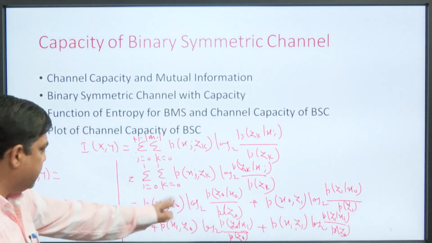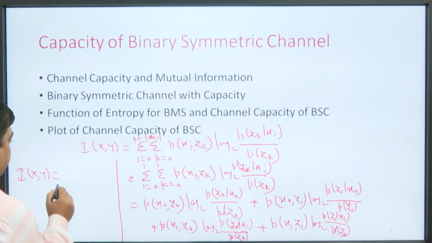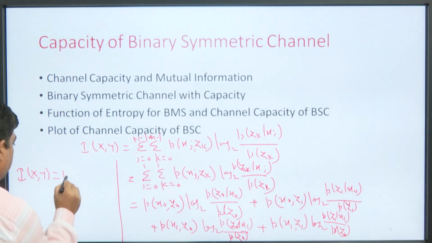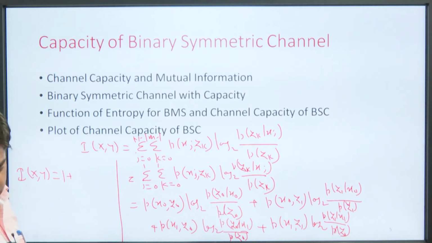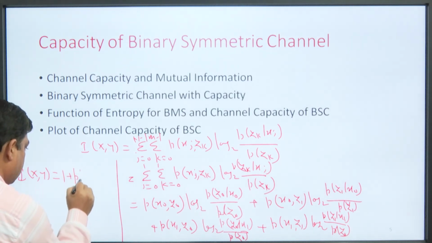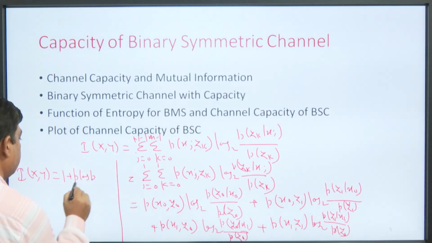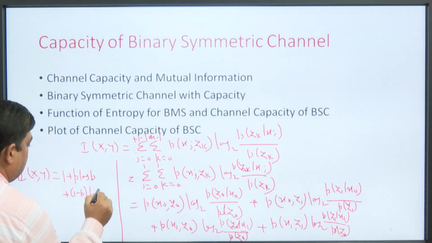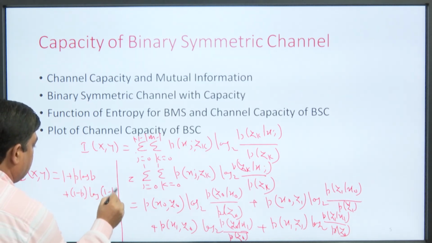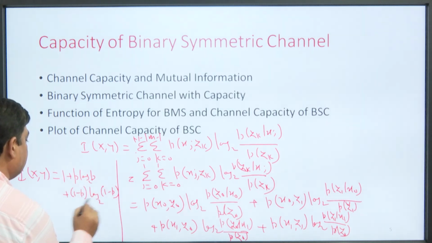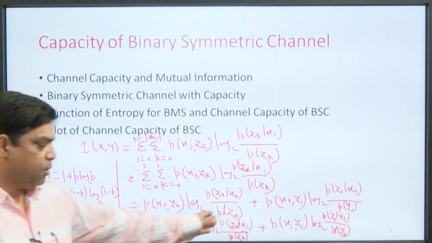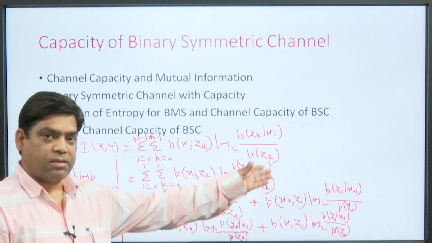If we put the values, then directly we can find this is nothing but 1 plus p log p plus (1 minus p) log base 2 of (1 minus p). This we will get if we put the values as calculated in the last slide.